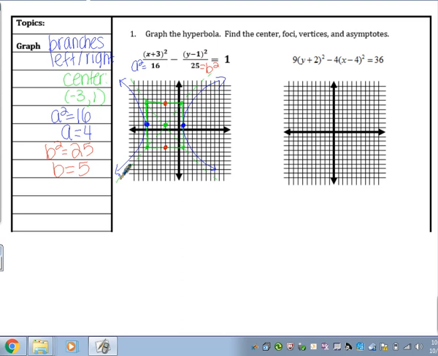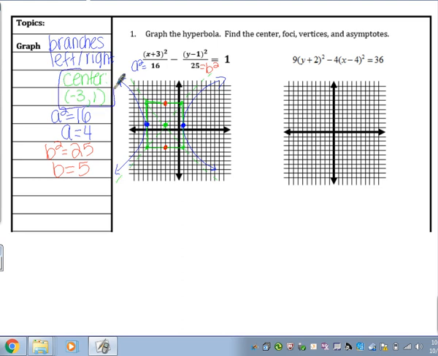So they're not difficult to graph. Again, the tedious thing is getting all of the foci and the asymptotes down. Anybody need another second?